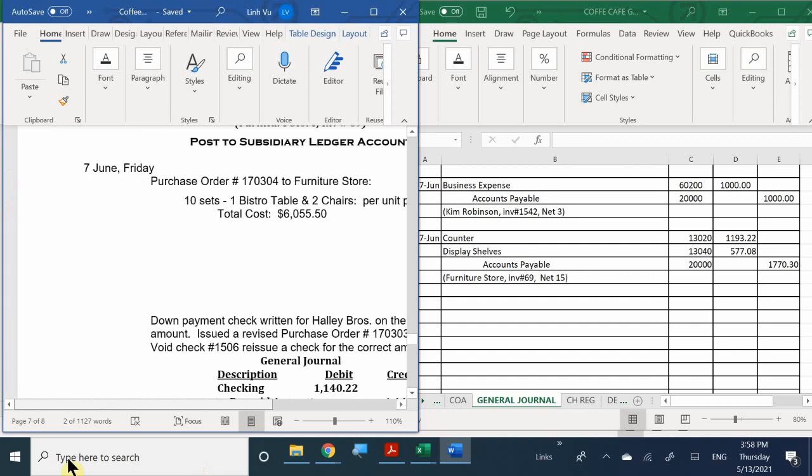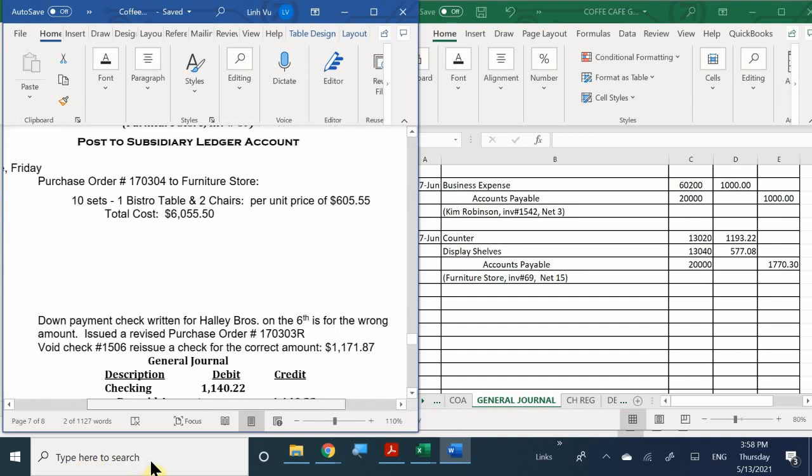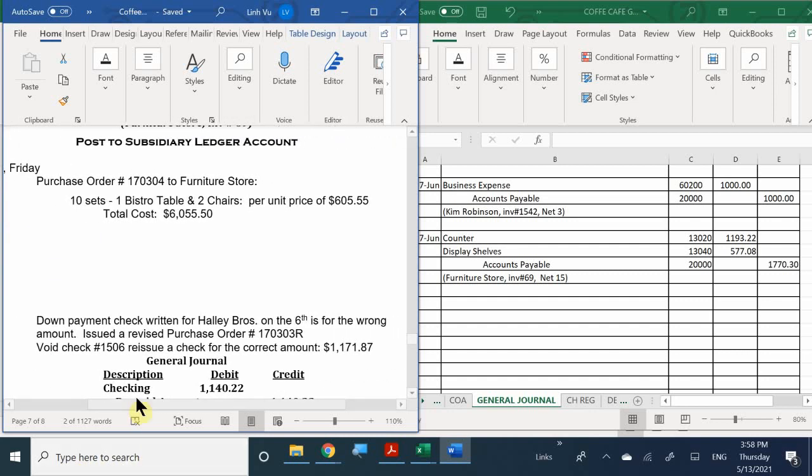So now, best rule of thumb, since we already sent it out, what do you think is recommended if you sent them the wrong amount for the wrong check? Is this where we would make a correction entry? You are going to make a correction entry. That is correct.